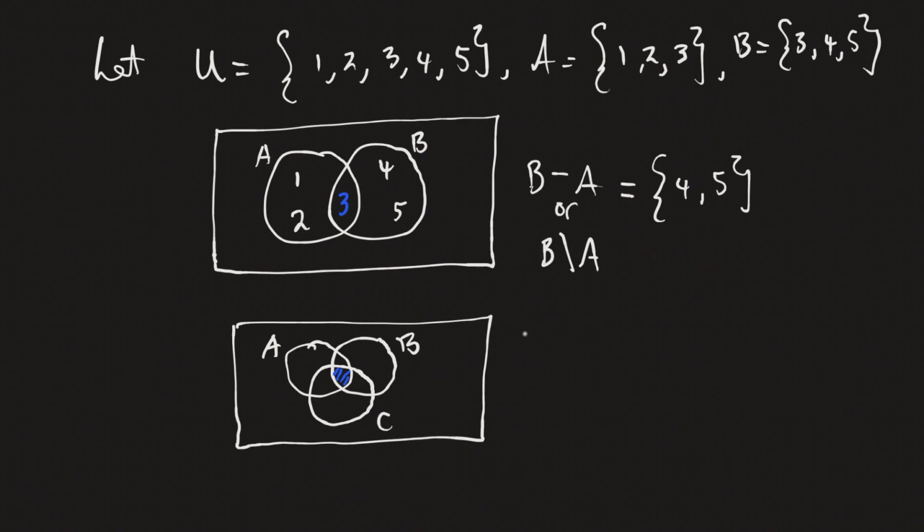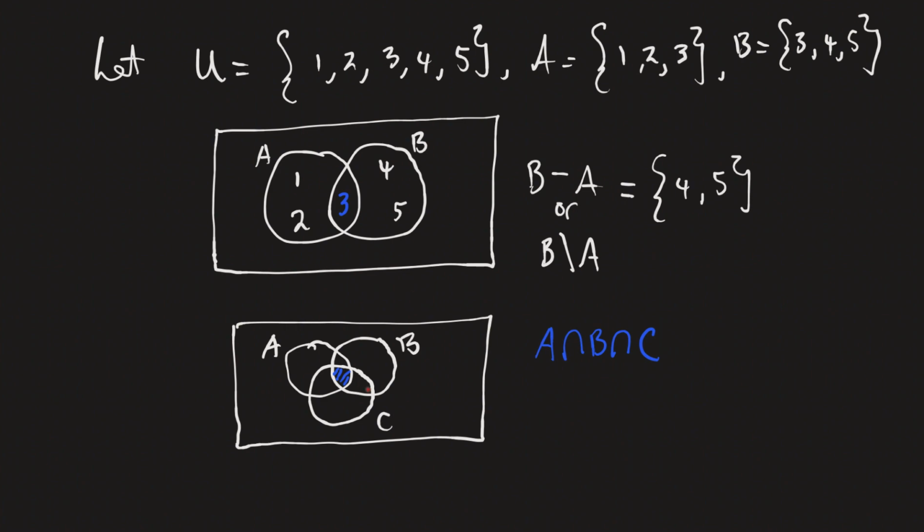Well, because of the associative property, I can denote the blue region by this expression, A intersect B intersect C, right? So it's everything in common in all three sets, right?